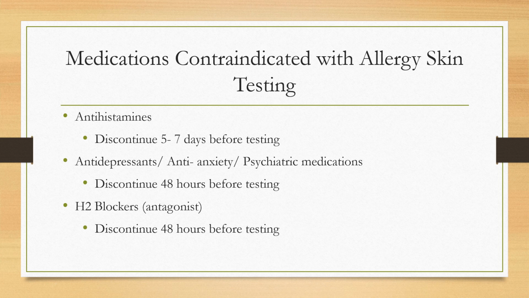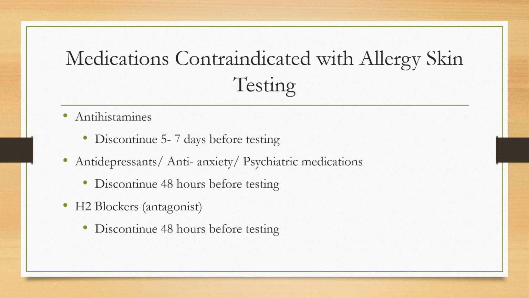Remember, if they're taking an antihistamine routinely, say they have allergic rhinitis, and they're taking an antihistamine daily because we want to stop that reaction from the mast cells, well, they have to discontinue the antihistamine 5 to 7 days before testing so that the information is accurate.